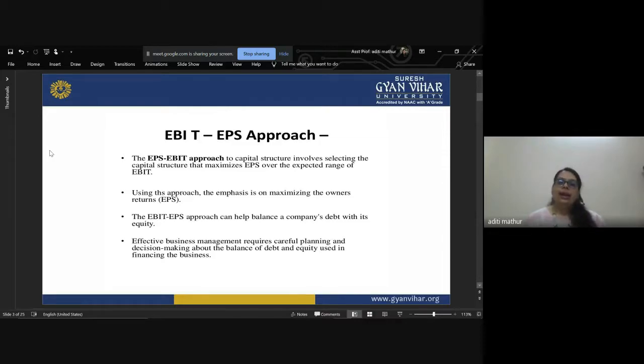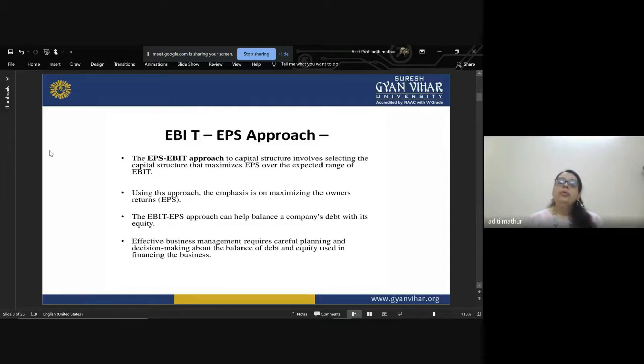The EBIT EPS approach can help balance a company's debt with its equity, because of which it is considered one of the very good approaches to identify the optimum capital structure. Effective business management requires careful planning and decision making about the balance of debt and equity used in financing the business.